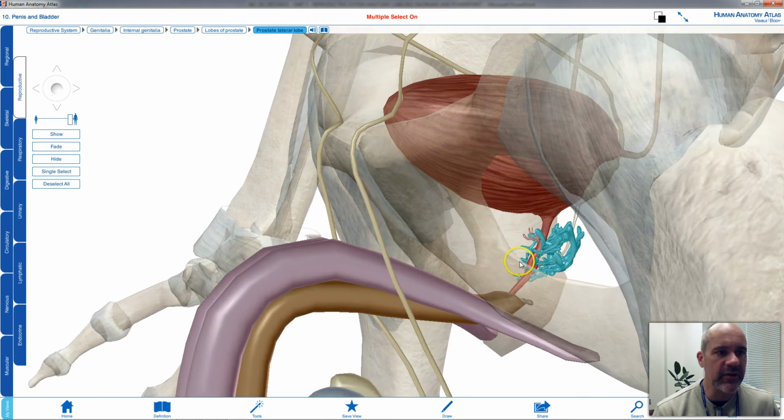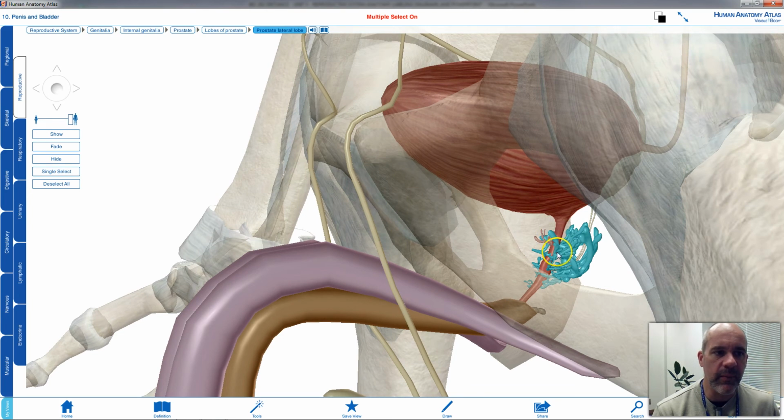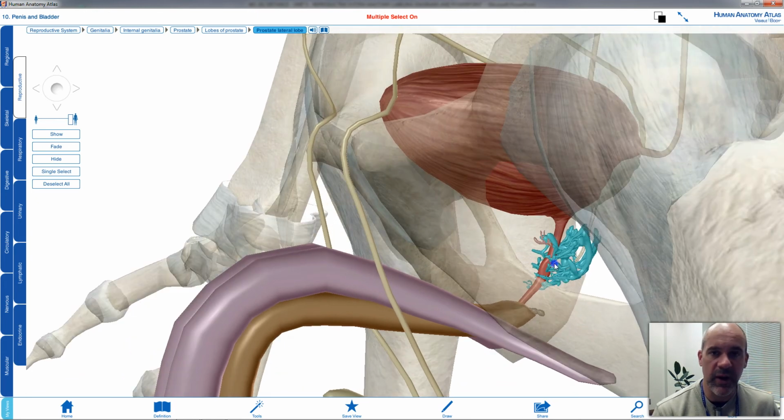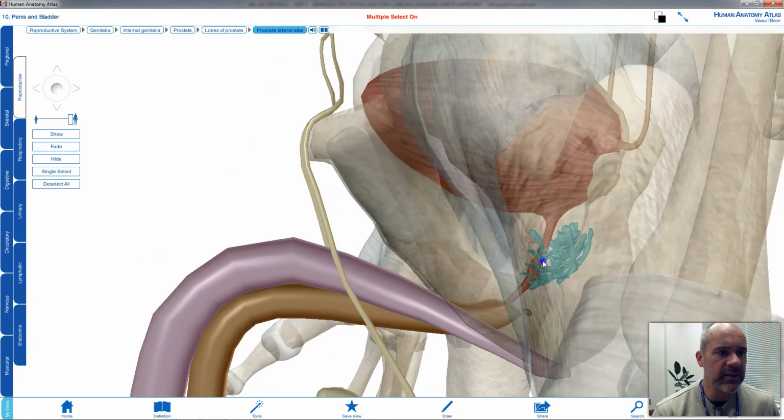So Visible Body is showing you, when you go deep inside the prostate gland, these are the secretory structures that produce those fluids, and those get squirted into the urethra. You may remember from the urinary system anatomy, a portion of the urethra in a male actually passes through the inside of the prostate gland, and the reason for that is it's going to pick up these prostate fluids to add those to semen just before an ejaculation takes place.